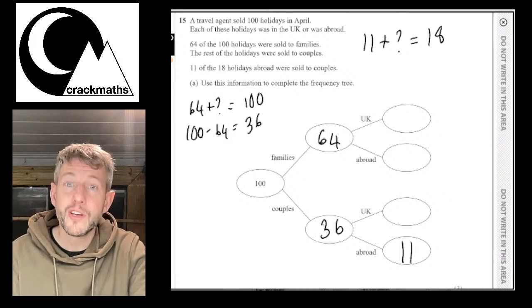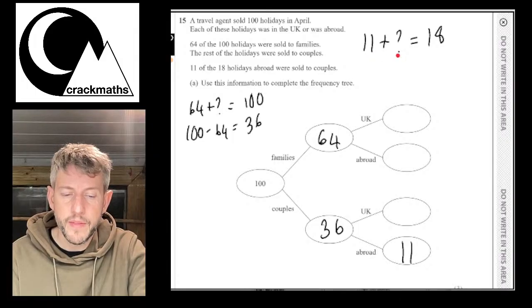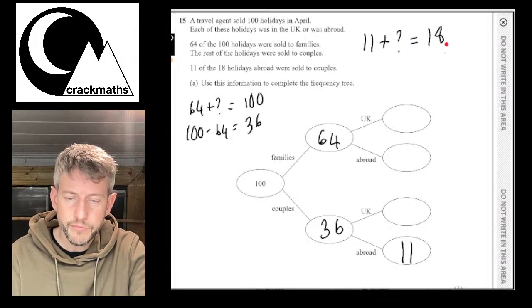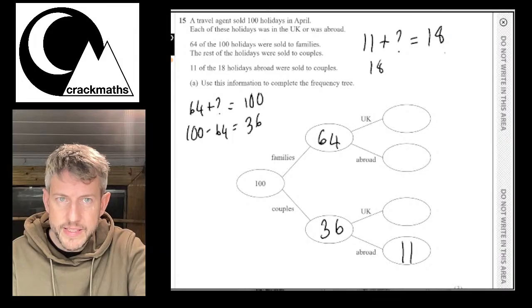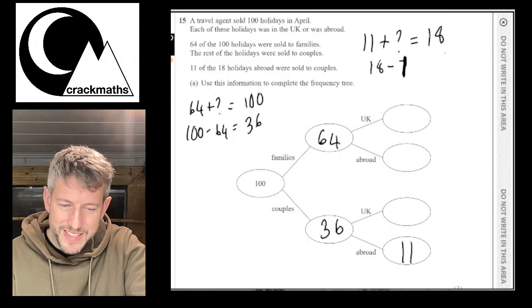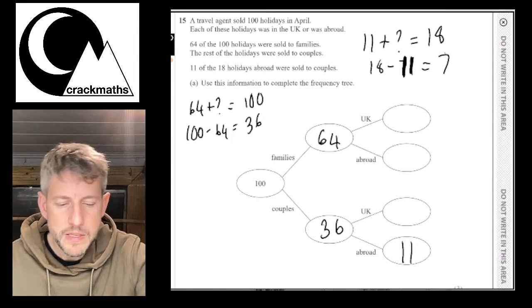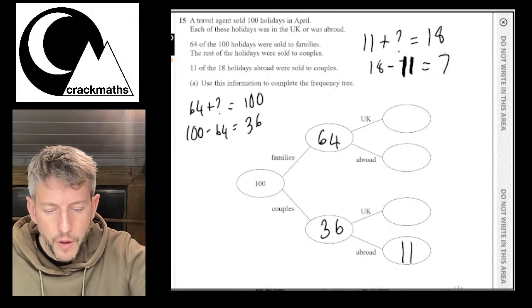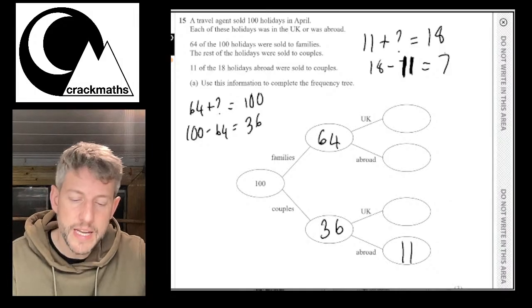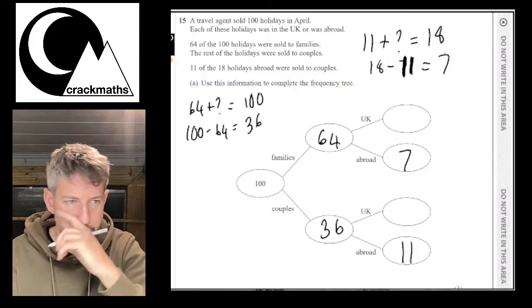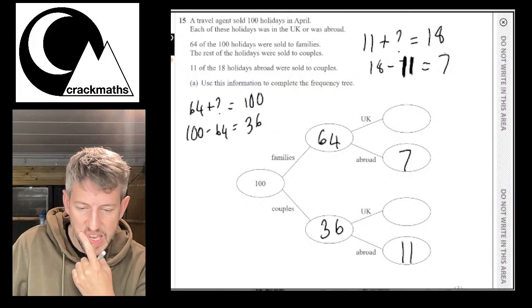So we've got 11 to couples, and then the rest were to families, and that makes 18. So 18 take away 11 equals 7. We know that the remaining 7 holidays abroad went to families. So a 7 goes here.